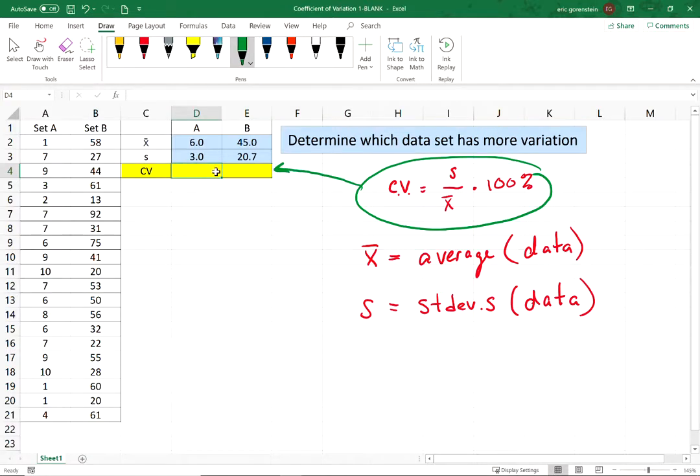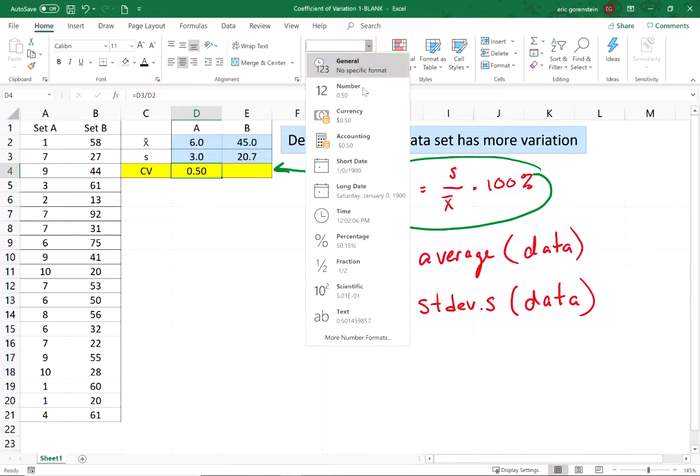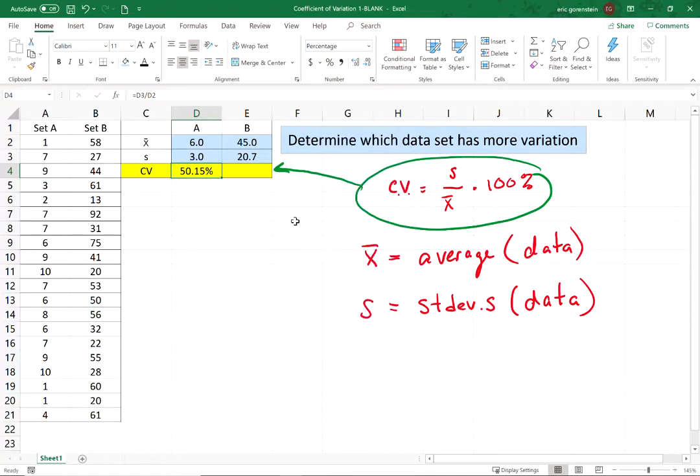The coefficient of variation is equal to, so I'll type equal, the standard deviation divided by the mean. And you could multiply that by 100, or we could just change it to percentage, either way. Now you see 50.15%.